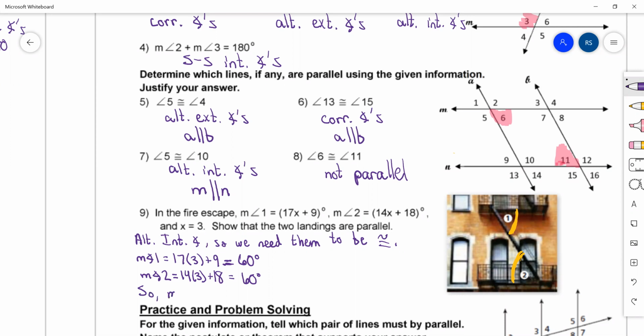So the measure of angle 1 is congruent to the measure of angle 2. Therefore, the landings are parallel.